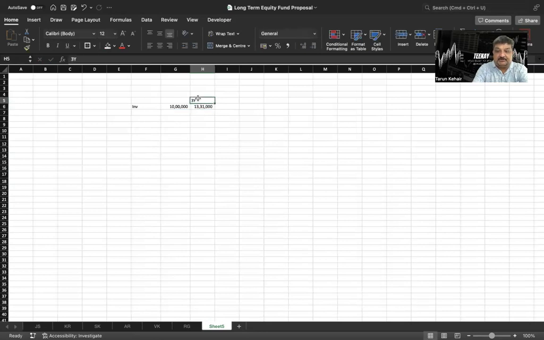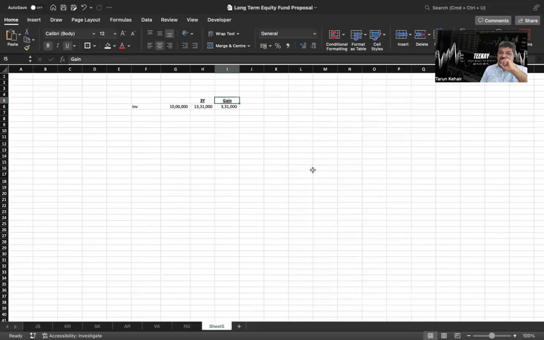So this grows to a corpus of 13,31,000, which means the gain that accrues to the investor is 3,31,000 rupees.